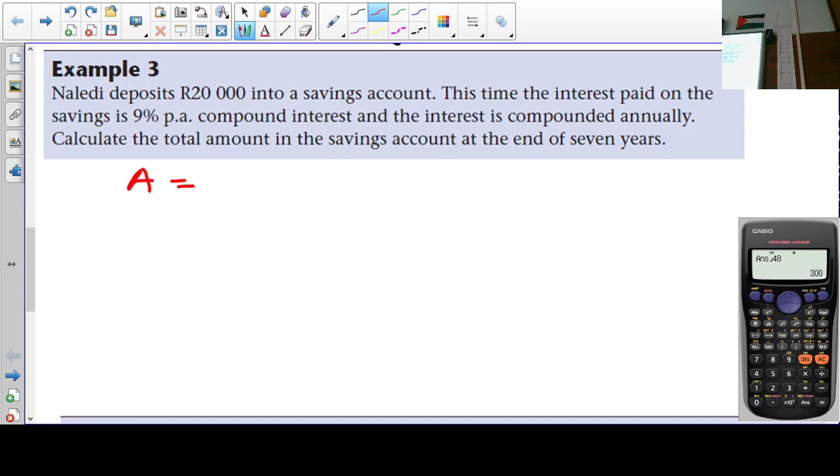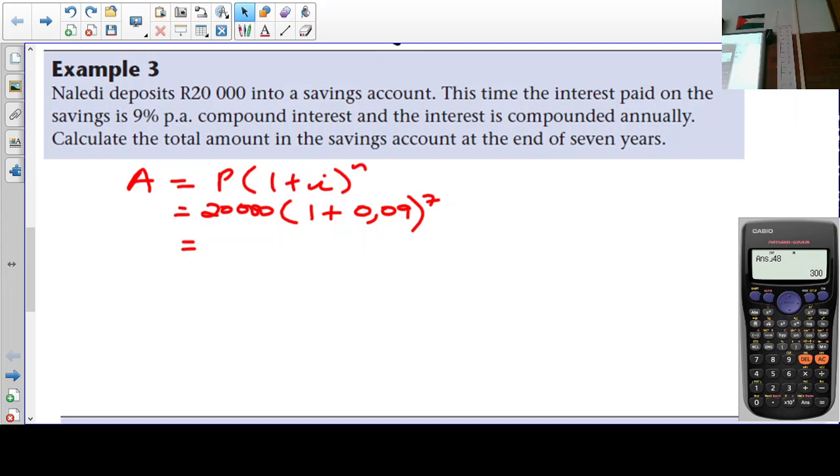So we got A is equal to P into 1 plus I to the exponent n. Why this formula? Compound interest. What's your P value? 20,000 into 1 plus I, 9%, so 0,09 to the exponent 7. So work that out.